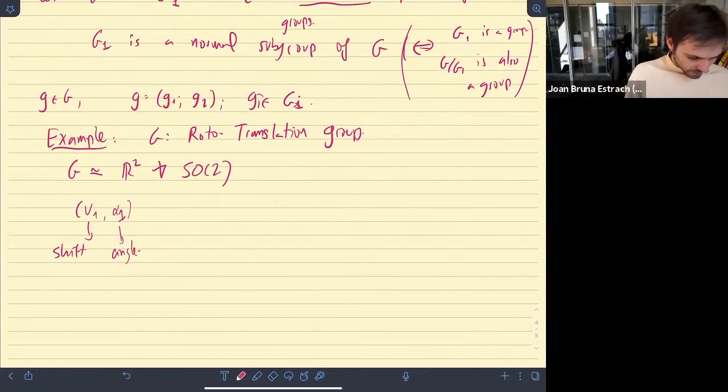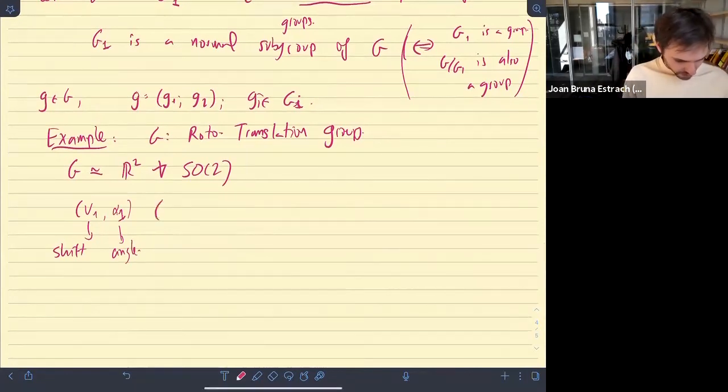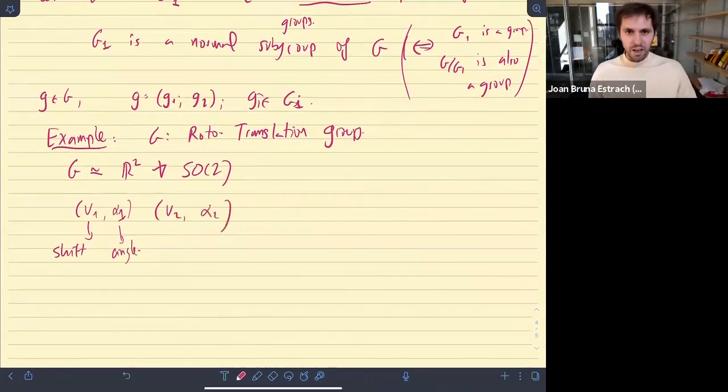If I take one of these transformations and compose it with another transformation, I still have a transformation that is a combination of a shift and a rotation. So the roto-translations form a group.